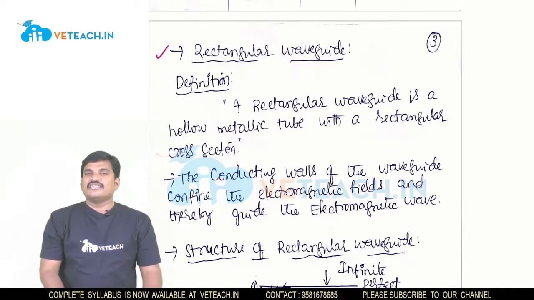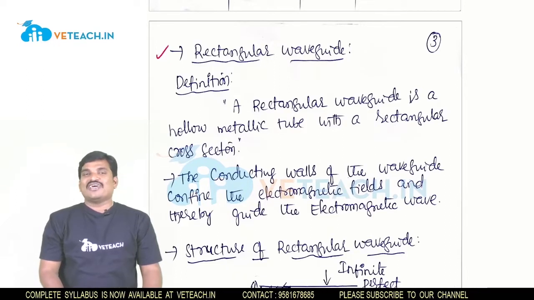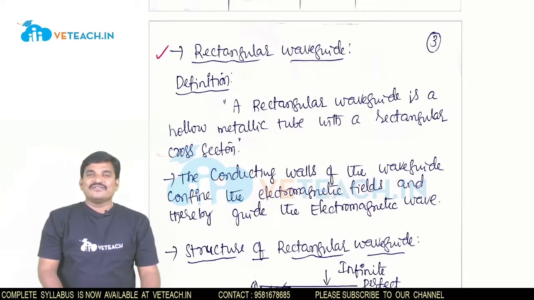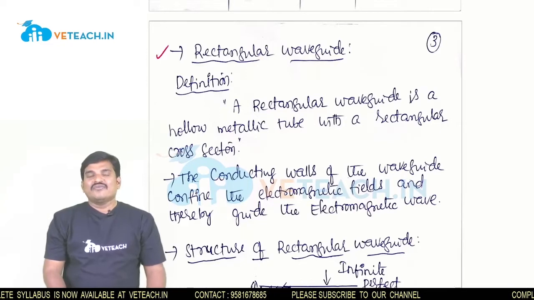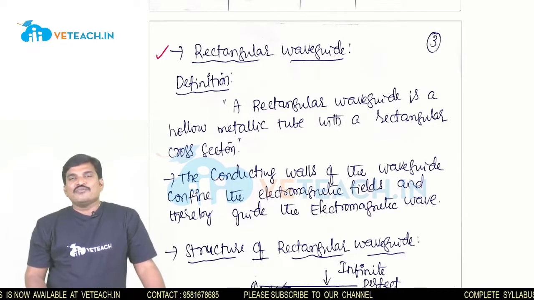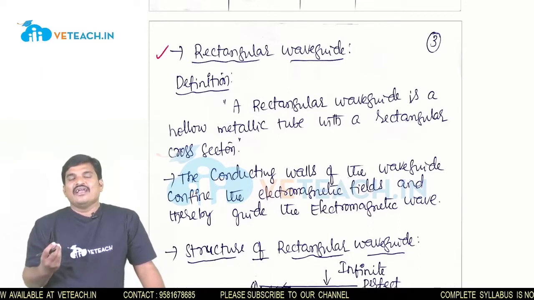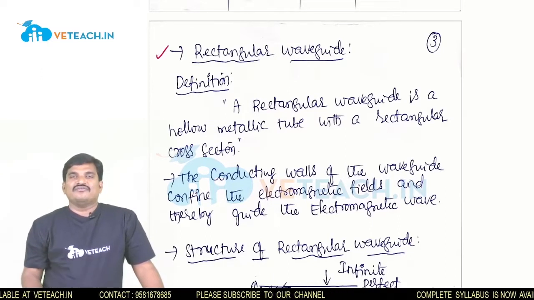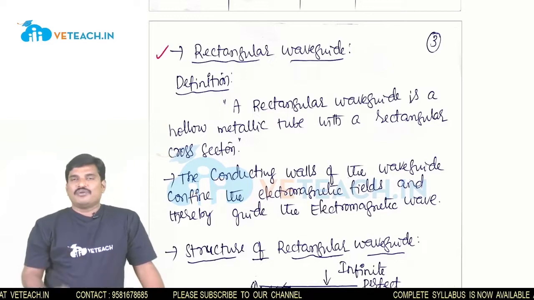Actually, it is a kind of transmission line. In the previous videos, we have already seen what a transmission line is. A transmission line is a conductive path for guiding electromagnetic energy from one place to another.